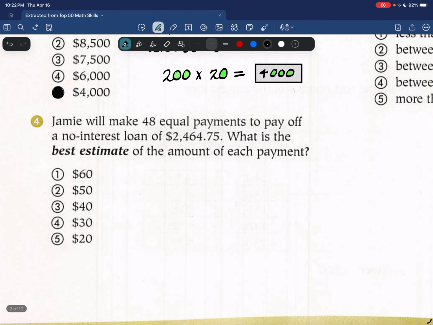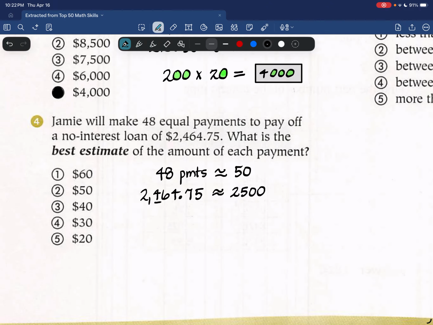All right. Jamie will make 48 equal payments. So I can already tell you that that's about 50. To pay off a no interest loan of $2,464.75. And so I'm going to say that is about $2,500.